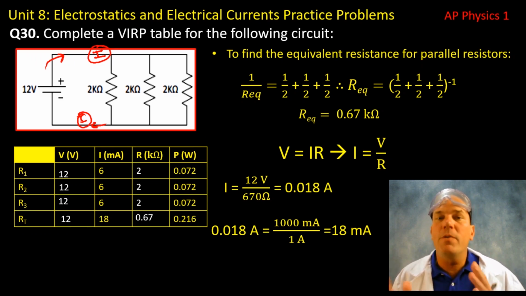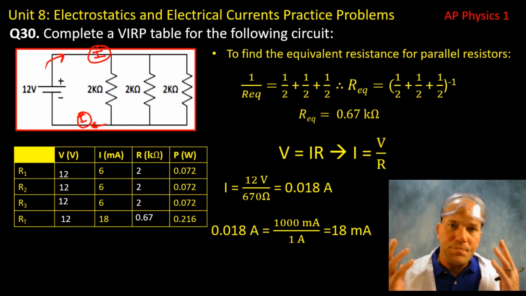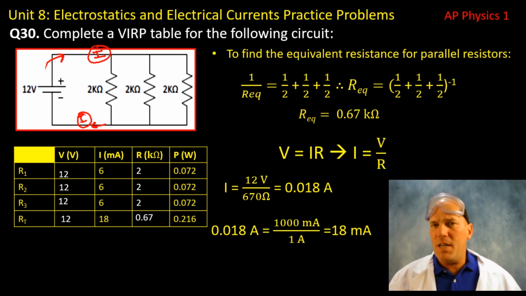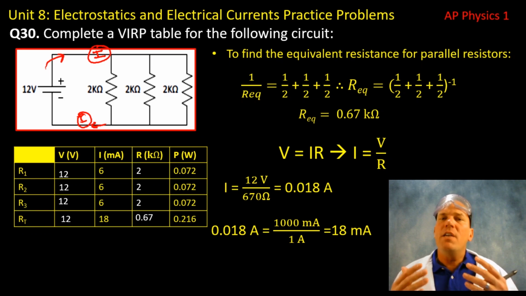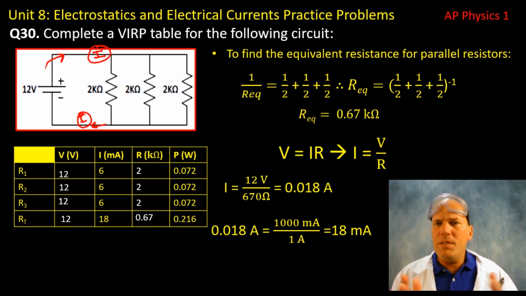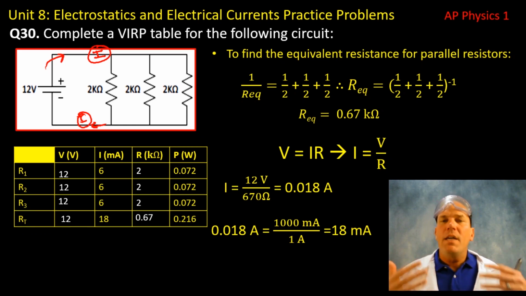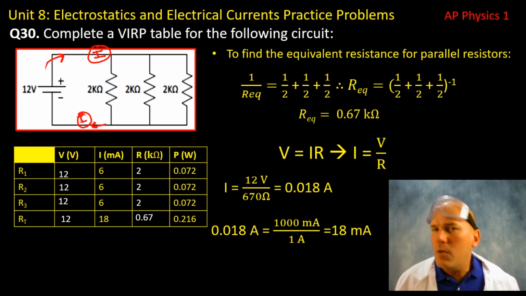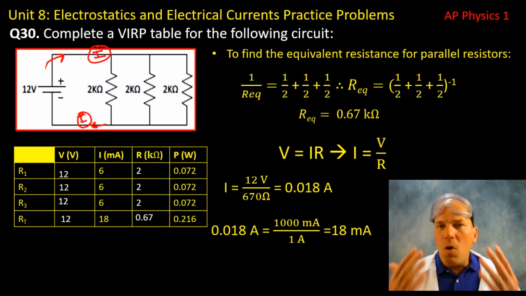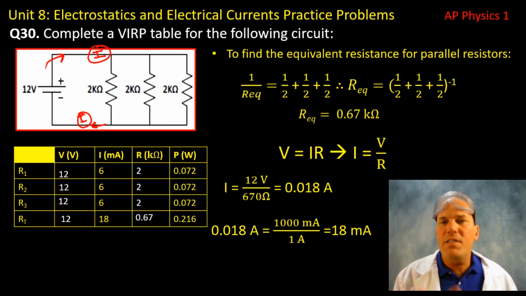Now let's look at the resistances. So in a parallel combination, your equivalent or total resistance in that combination of resistors is always going to be less than any individual resistor. All right, so in this case here, we had 3 kiloohm resistors, yet the total or equivalent resistance of this circuit is only 0.67 kiloohms.